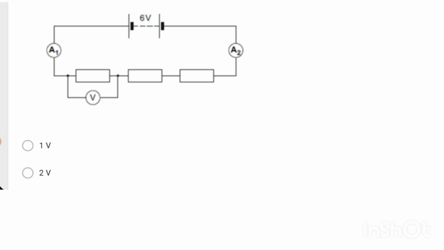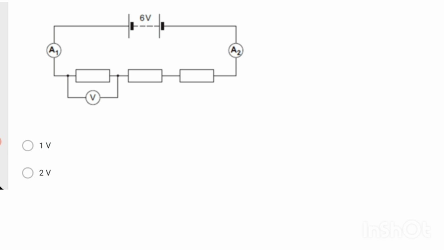If we look at the diagram of these three components, these are looking identical. So we can assume that these three are identical components. The ammeters have negligible resistance.